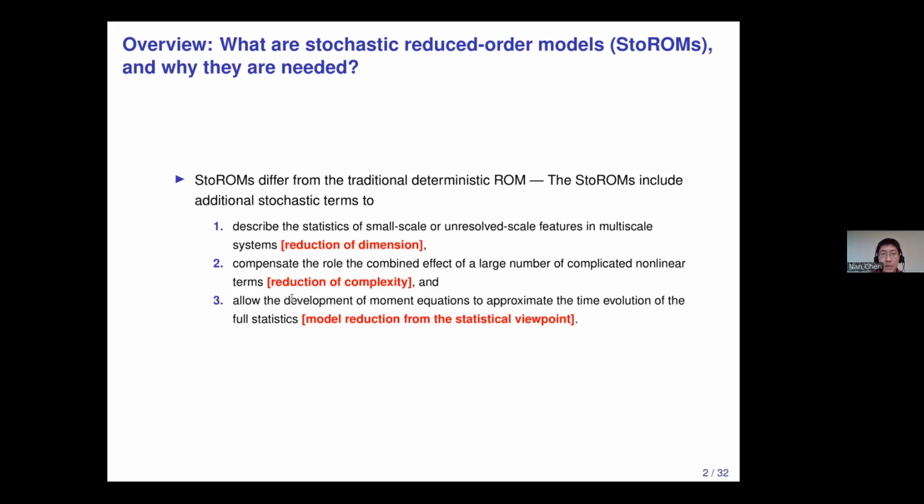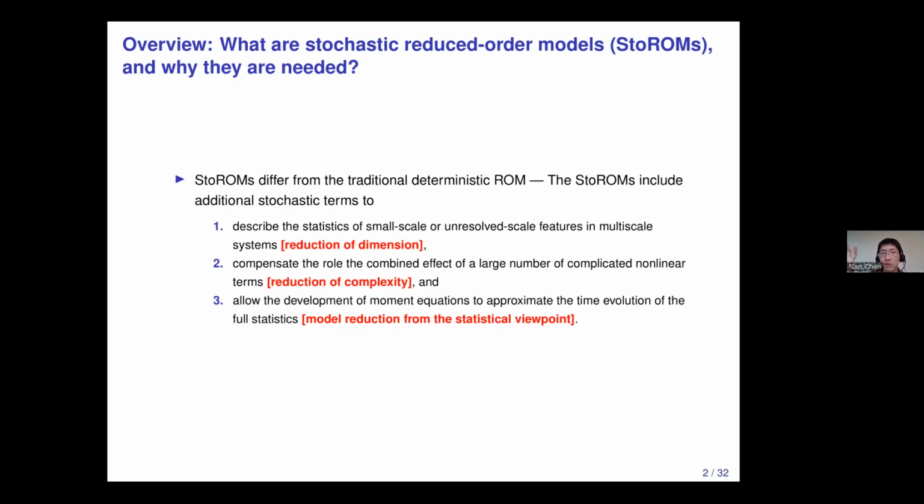And also, these additional stochastic terms allow the development of the so-called moment equations to approximate the time evolution of the full statistics. And this is another viewpoint of reduced models. It tries to reduce the complexity from the statistical viewpoint. So it's not just reducing dimension.